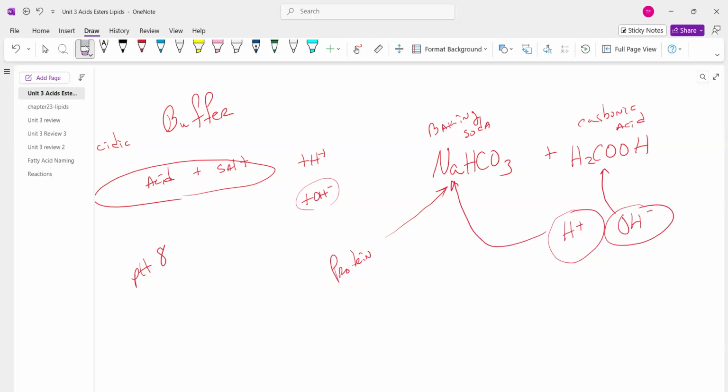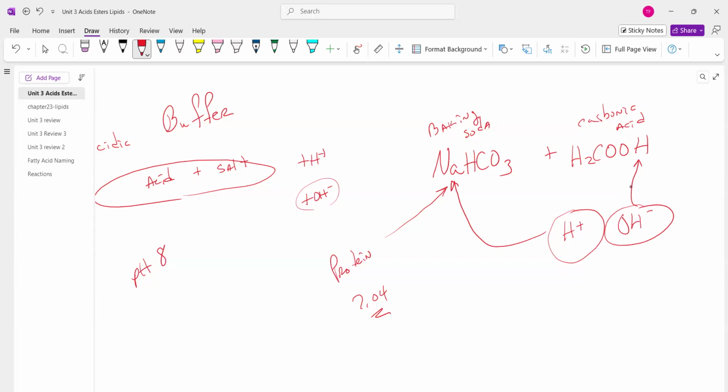In your body, to maintain a pH of 7.4, and except for your stomach, most of your body is 7.4, unless you've got something to mess that up.